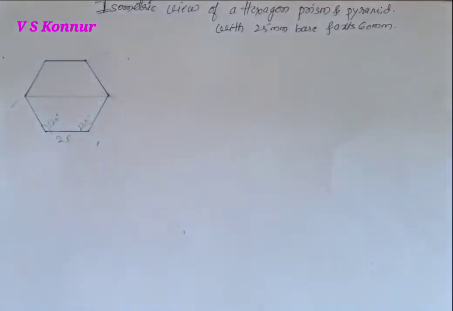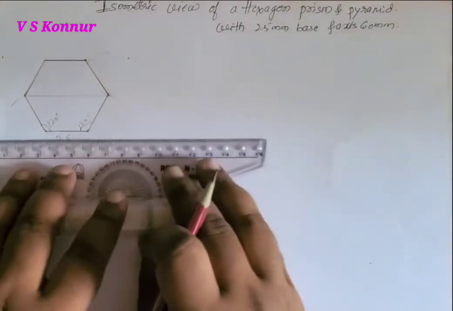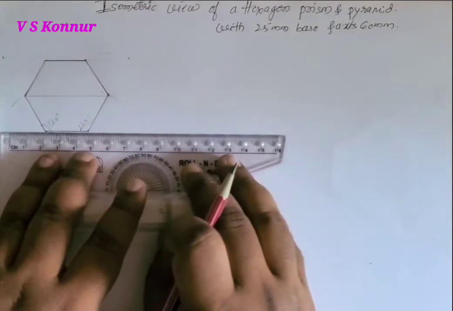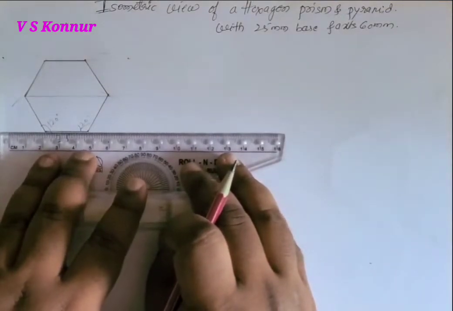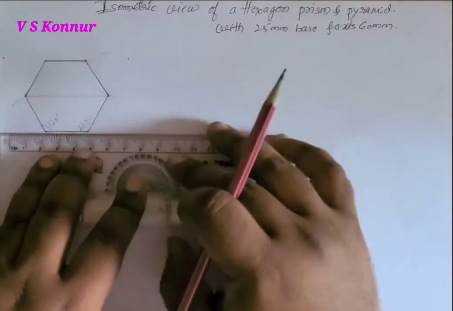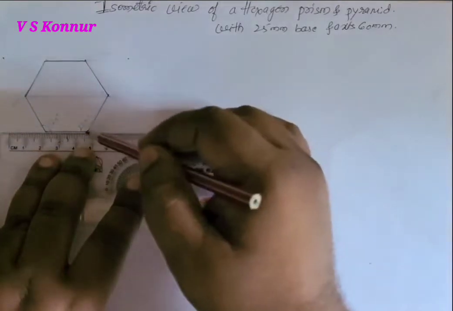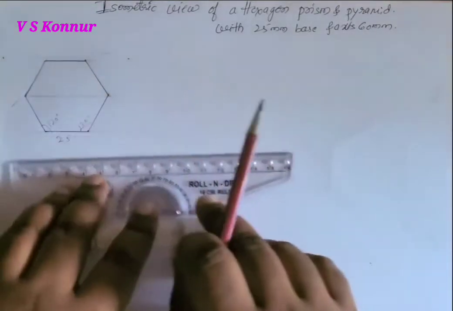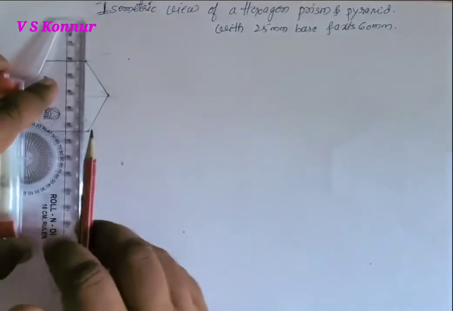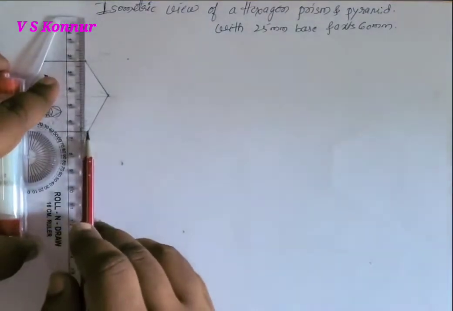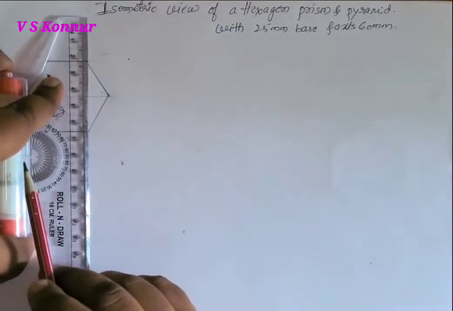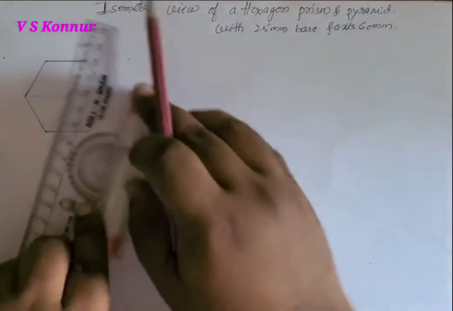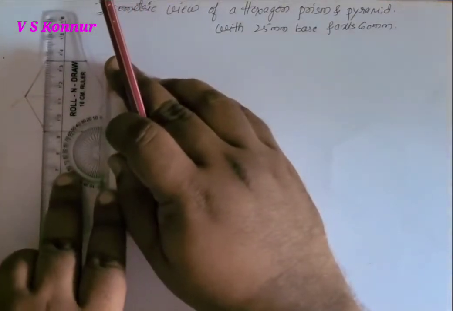So first we have to draw the hexagon normally with a 25 mm side. Then we have to make a box parallel to the 25 mm. Just I am extending on either side. And then you can extend from this side also.